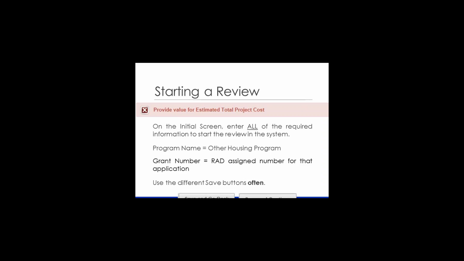And here are some reminders on that screen and for generally starting a new review. That initial screen has a lot of information on it, and it's easy to miss a question. So once you're at the bottom of the screen and you press save, you might notice that the screen just freezes and nothing happens.